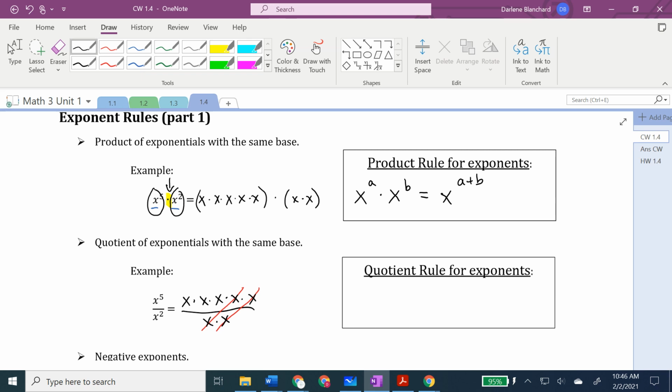If you have x to the a power divided by x to the b power, then you subtract the exponents. And it has to be in the order of the numerator exponent minus the denominator exponent.